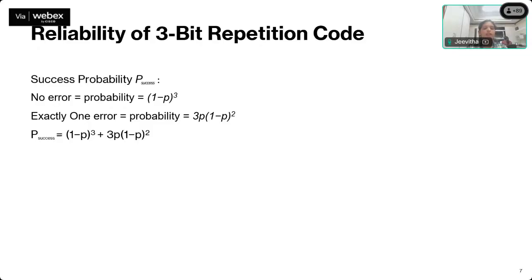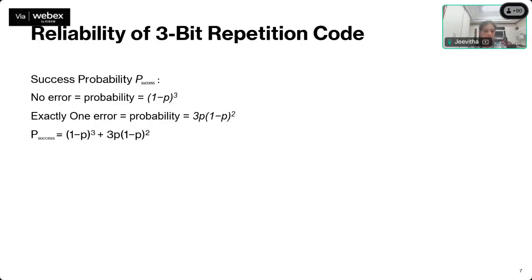Now let's talk about the reliability of the 3-bit repetition code. First, the probability of success. As I told, the 3-bit repetition code can correct up to 1 error. So the success rate will be the addition of no error occurring, and the error occurring exactly once.